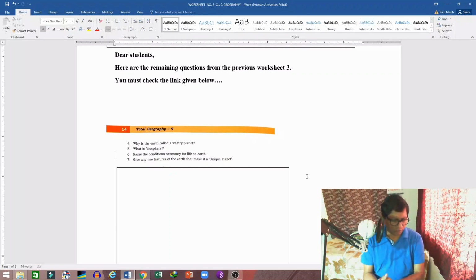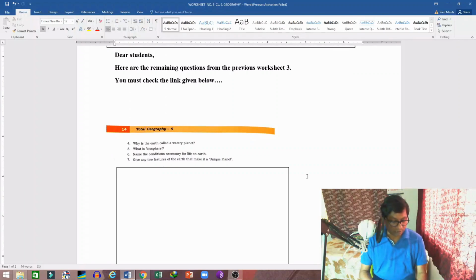So first of all, you can say unlike any other planet, the earth has life on it. That's very important. Then the second feature, you can say it has water. Okay, then you can come back to another point. It has oxygen.